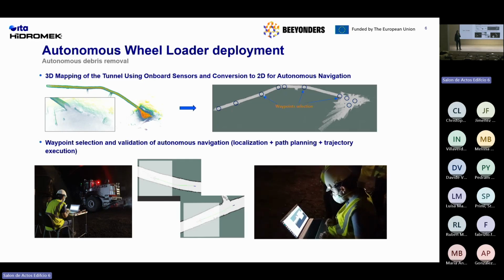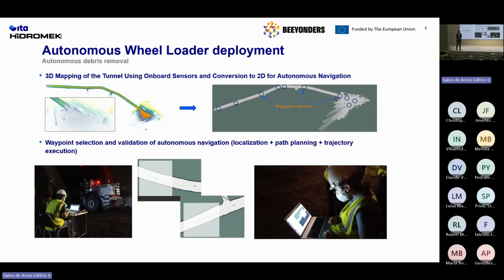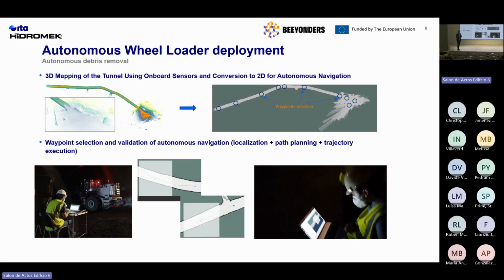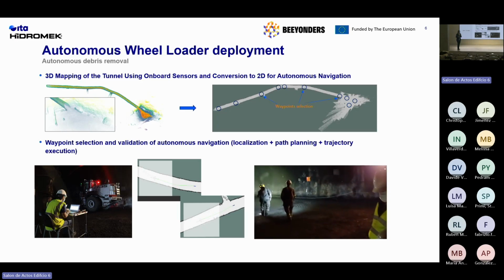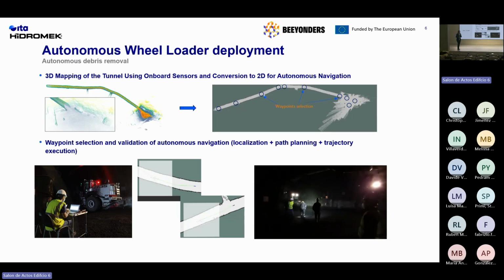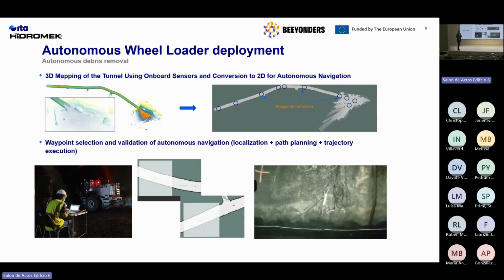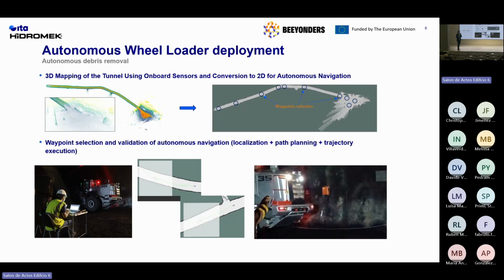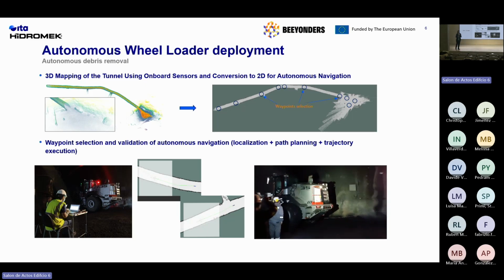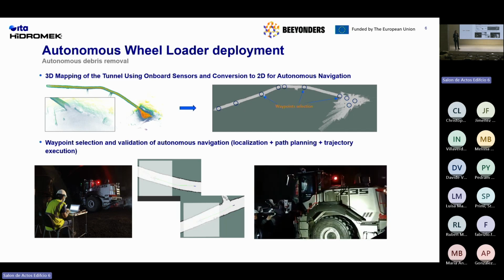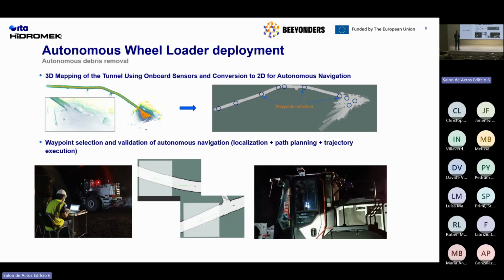Once we have developed the algorithms, comes the moment to deploy the system in the tunnel. The first step is to build the 3D map of the environment using the onboard sensors of the machine. Then we convert this 3D map into a 2D representation, which is suitable and compatible for the 2D navigation system of the machine.